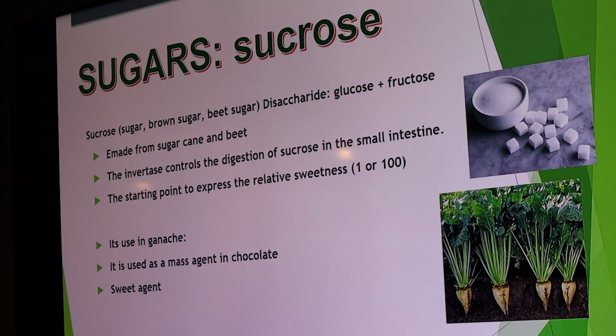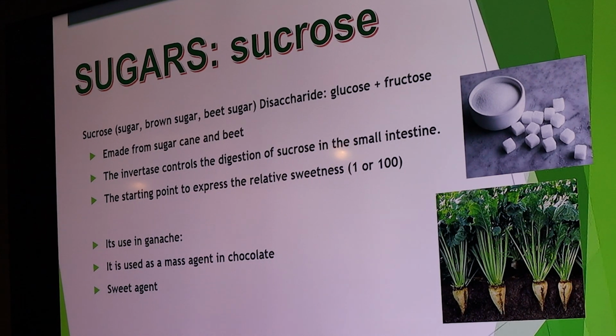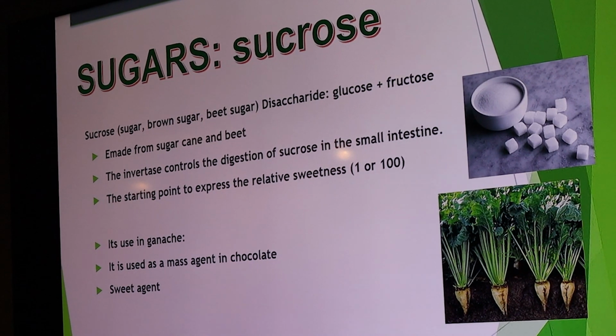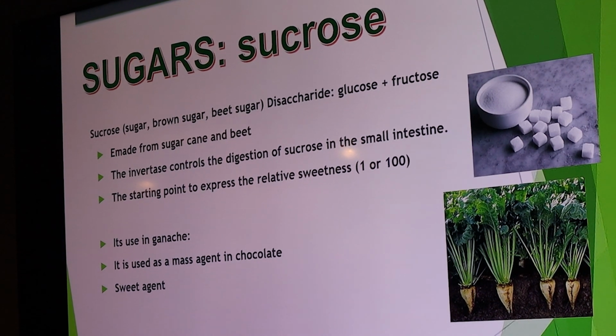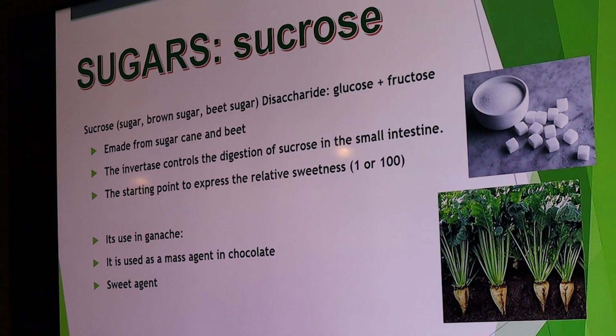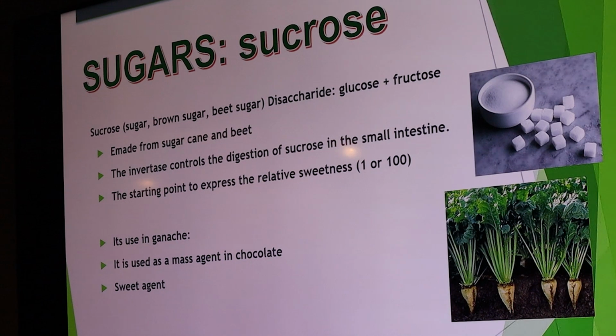You may have created a ganache where you used sucrose, and after a while you start to feel crunchiness in your ganache. When you only use sucrose in your ganache, you will have this problem, because sucrose is getting back to original crystals after a while.